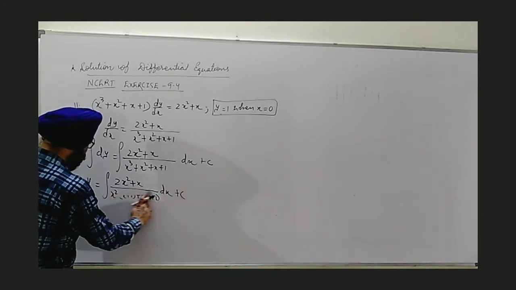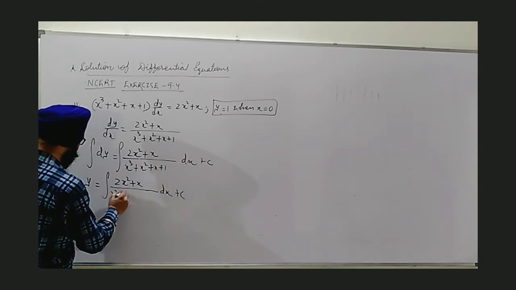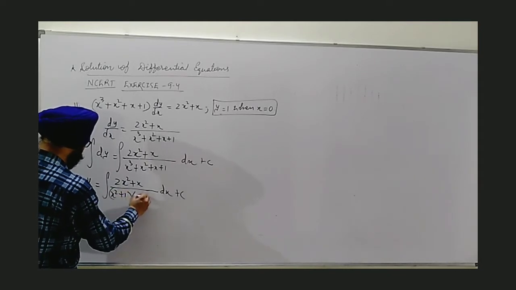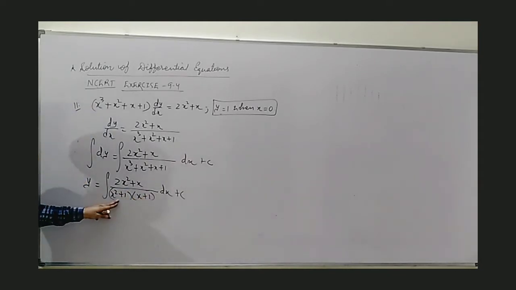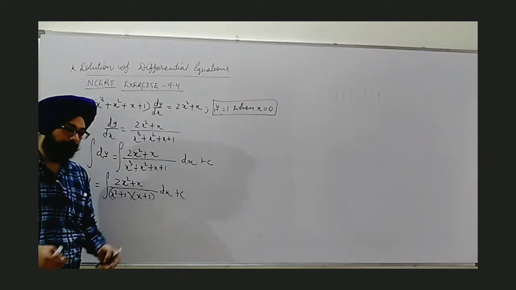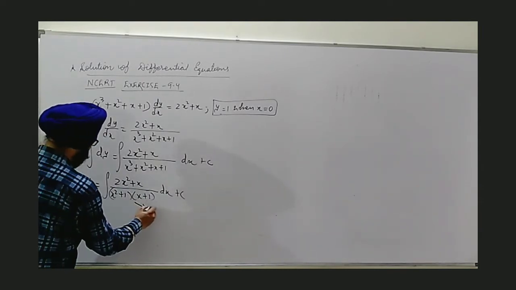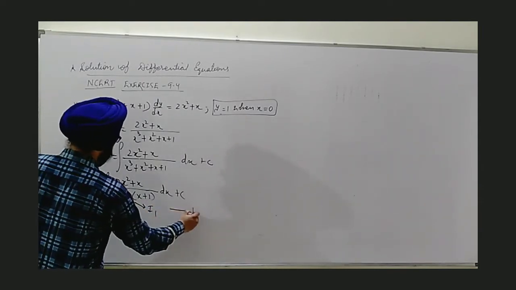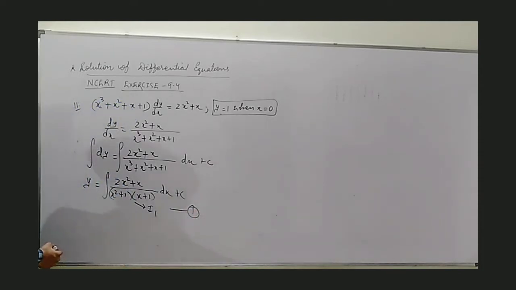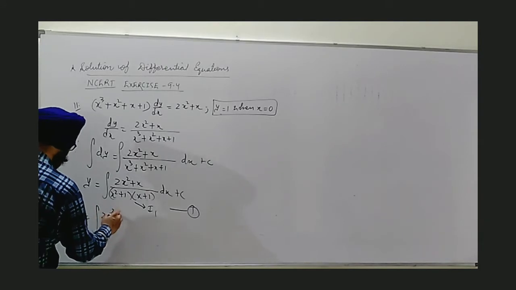So yes, we can factorize this as x square plus 1 times x plus 1. Further, this is not factorizable. So you can see the patterns which we have seen, the last one will be applicable. So let us consider this to be I1 and we'll solve it. This is equation number 1. Now, first write I1 separately.